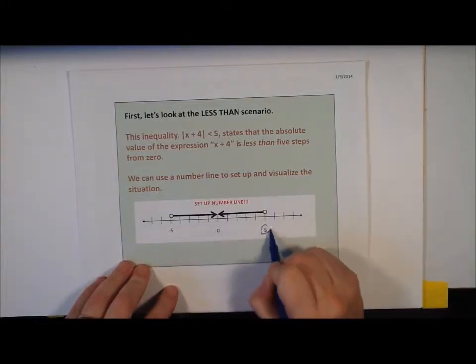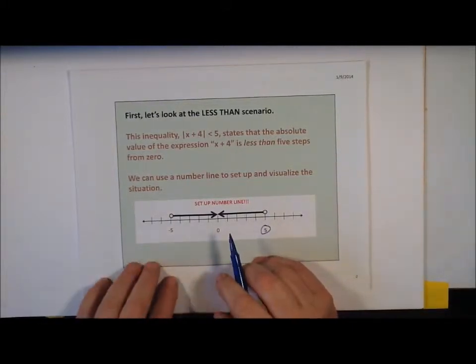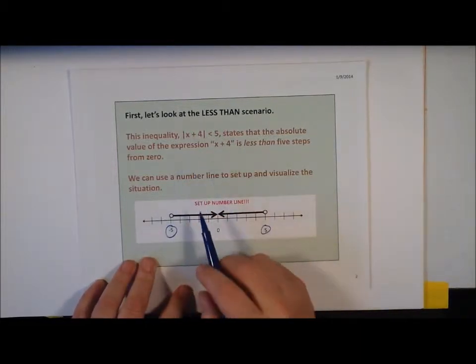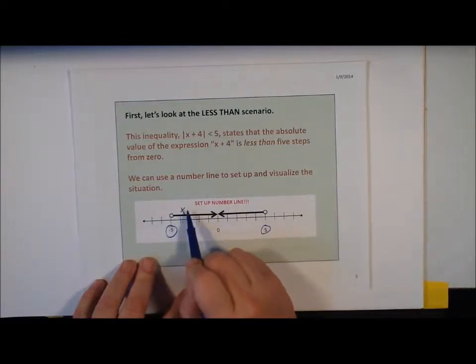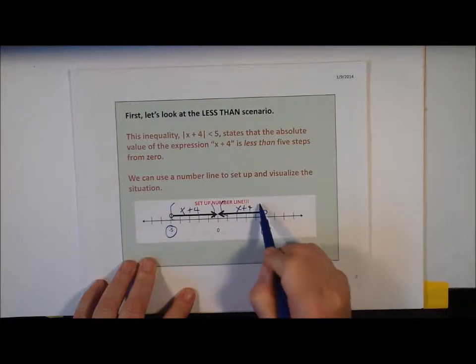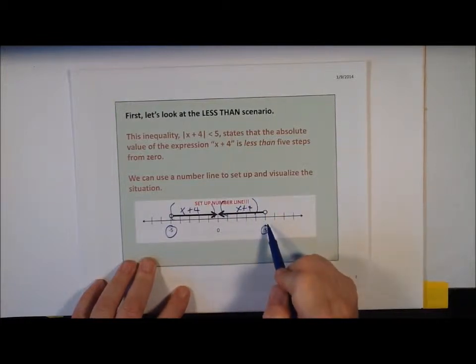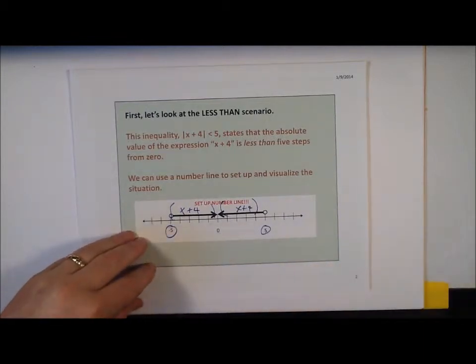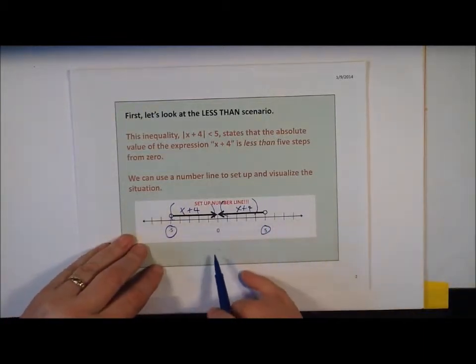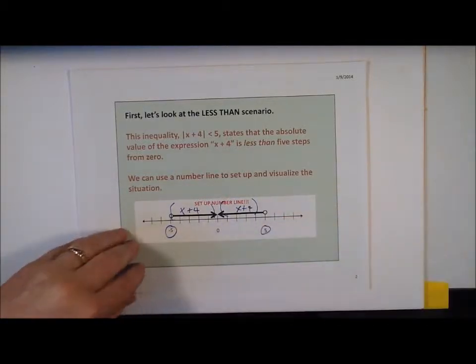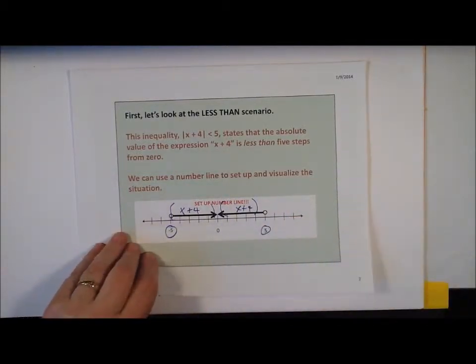So here's 5, and we know from our other work that that will also be the case on the other side. So somehow x plus 4 works for this, and x plus 4 works for that. And this is just the setup number line, sort of helping you visualize what that's going to look like. So somehow our x is in between the values. That's something to think about.